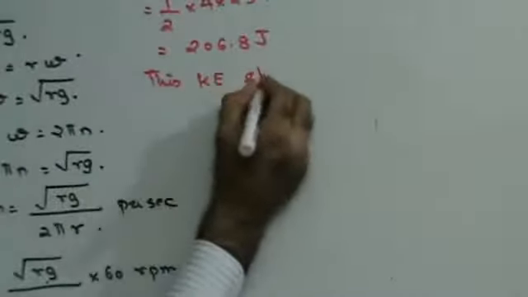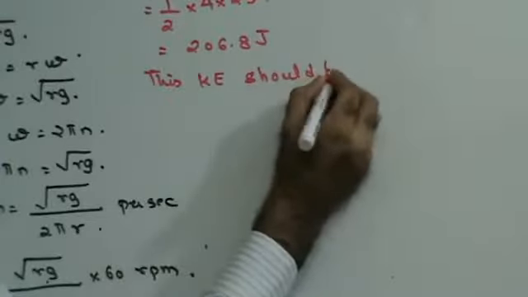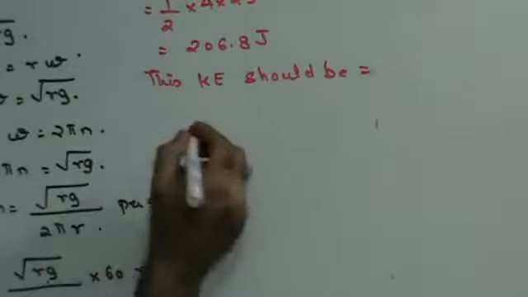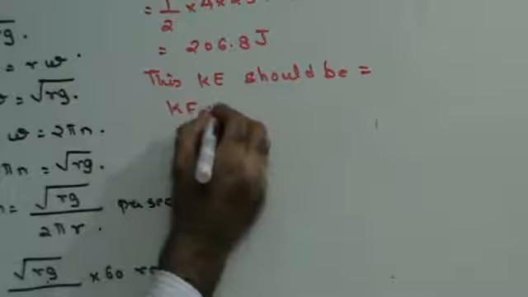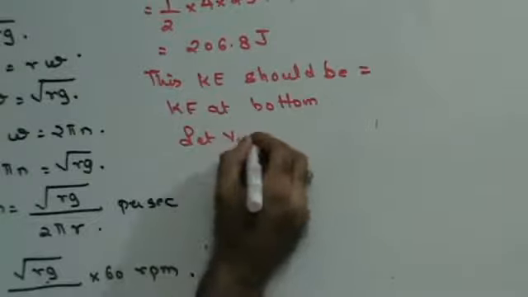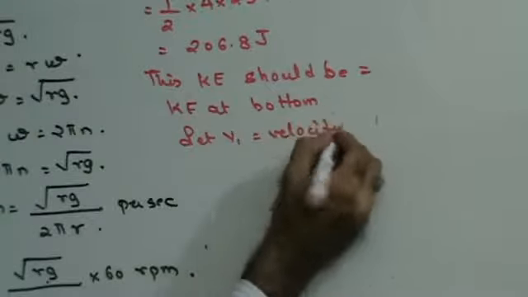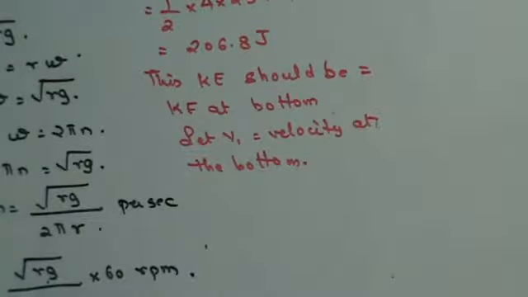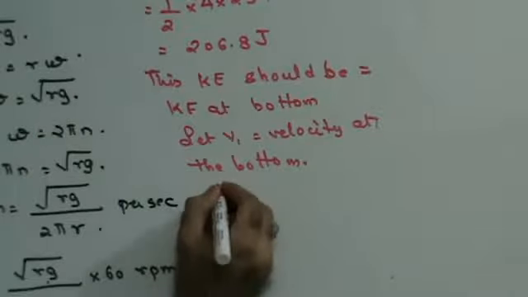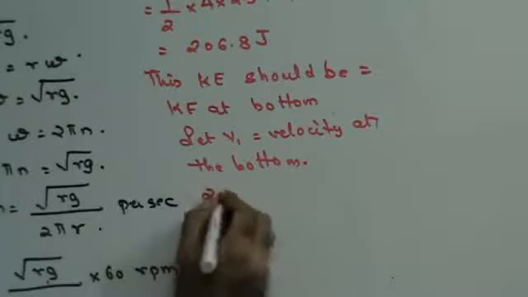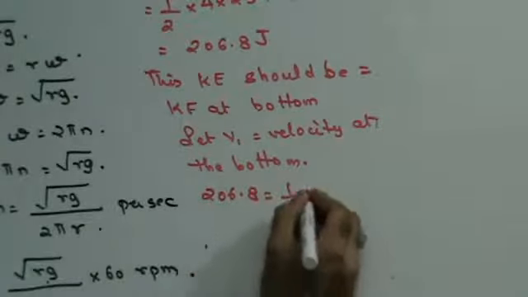Now I can say that this kinetic energy should be equal to the kinetic energy at the bottom. Let us assume that v1 is the velocity at the bottom. Then this total kinetic energy acquired by the stone, which is 206.8 joules, should be equal to half mv1 square.